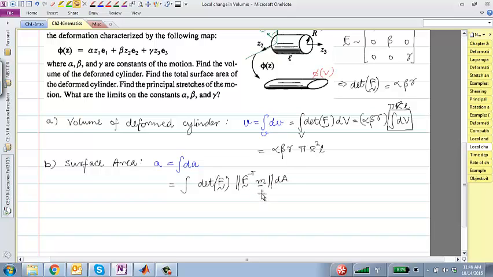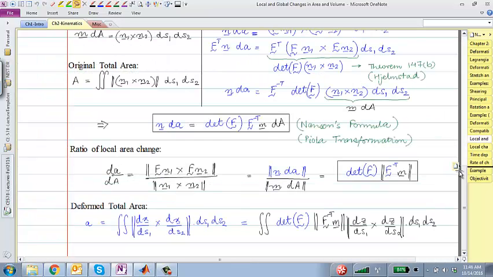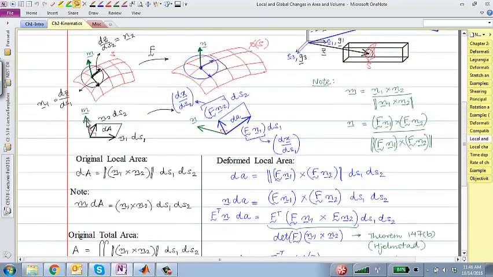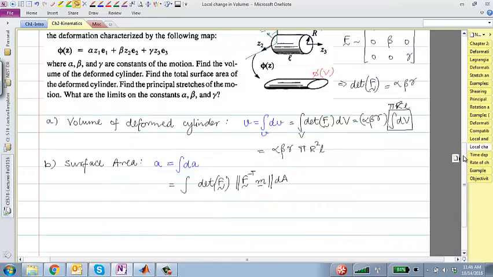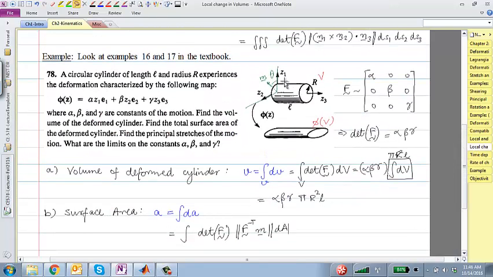It is the normal vector to what? To the undeformed surface, right? M is the normal vector to the undeformed surface. So in this particular problem, we have 3 undeformed surfaces. So I'll draw some normal vectors here. I've already drawn one here to the curved surface. The curved surface normal can be written in terms of this angle theta, right?